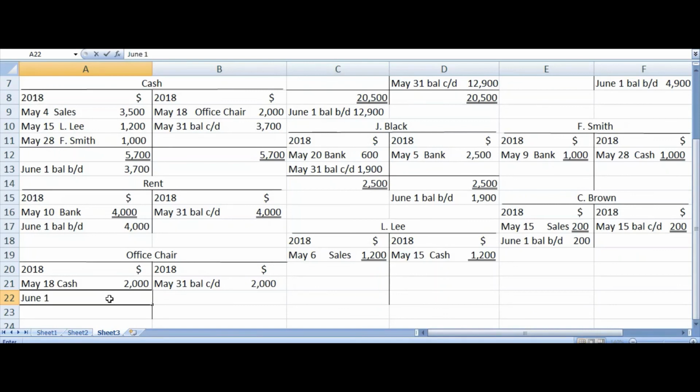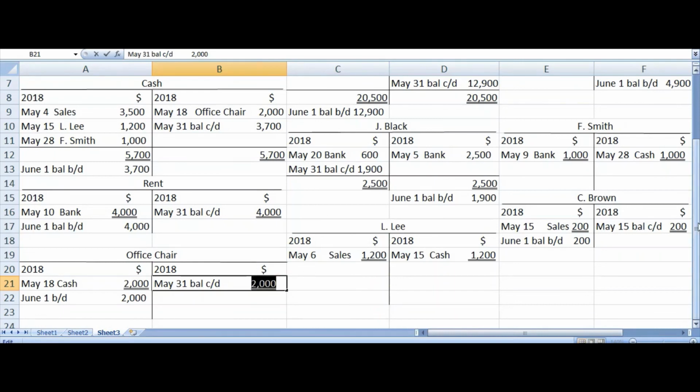So June 1st, balance BD of 2,000. So you double line to show that the account is now balanced. Both the debit side and the credit side totals agree.